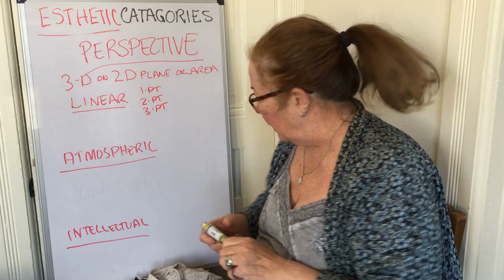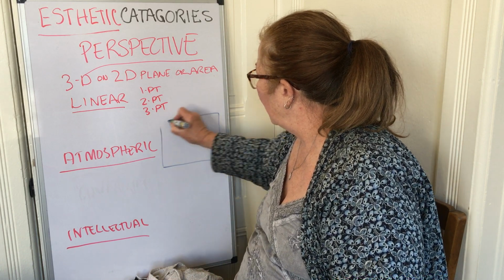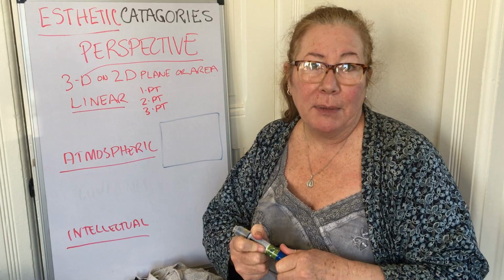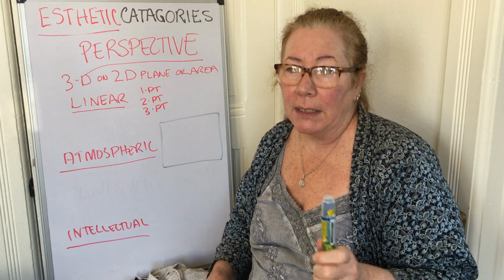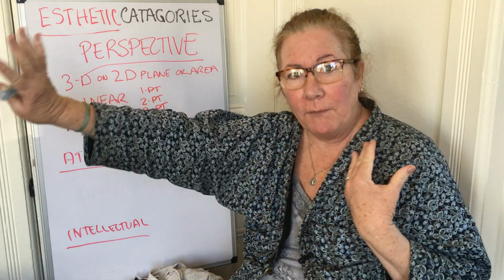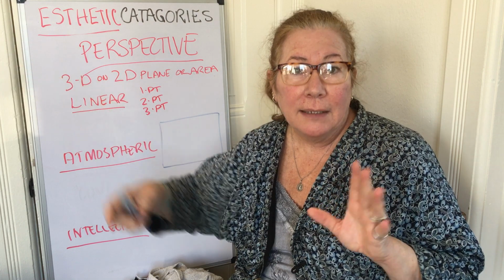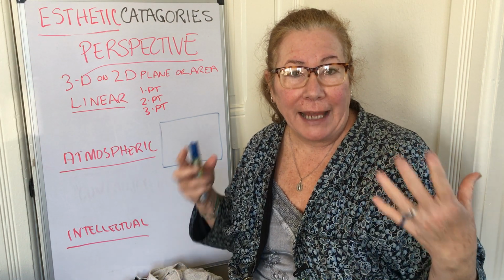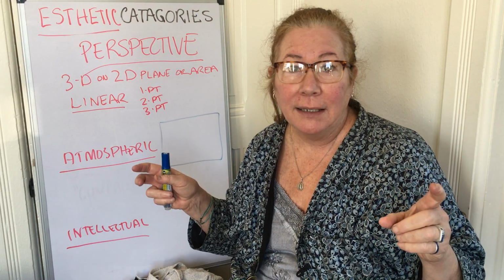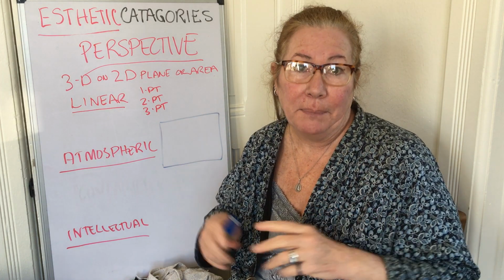Atmospheric perspective is a little different. Atmospheric perspective is where we have the interference of the atmosphere. And this is used in art a lot, you guys. When you look at something very far away, the sky is blue. The sky is blue because the gases in our atmosphere refract the blue light in the spectrum, right?